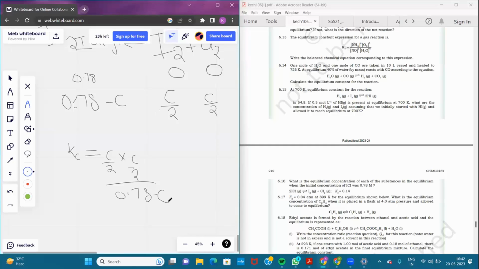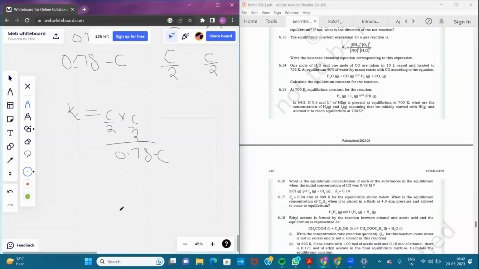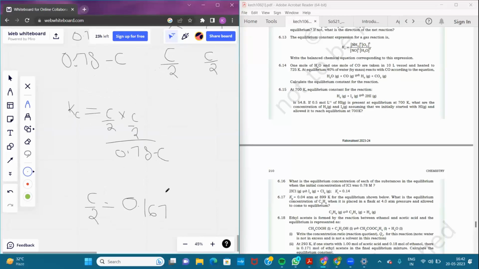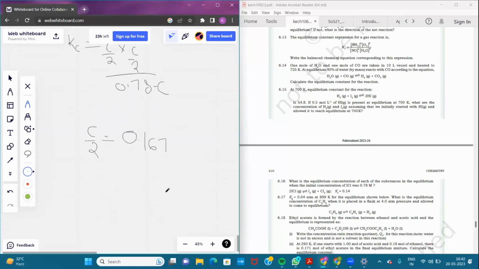Upon calculation, we'll observe that C/2 will be given as 0.167. That is the concentration of I2 and Cl2: 0.167.